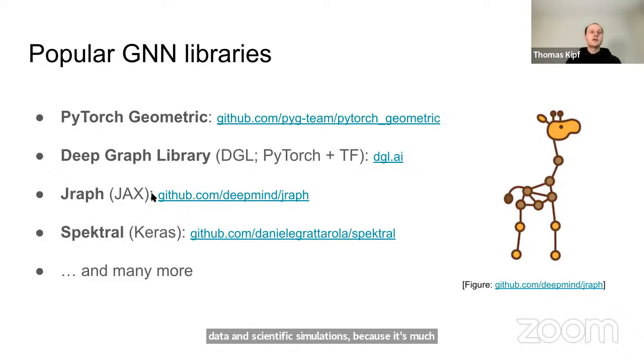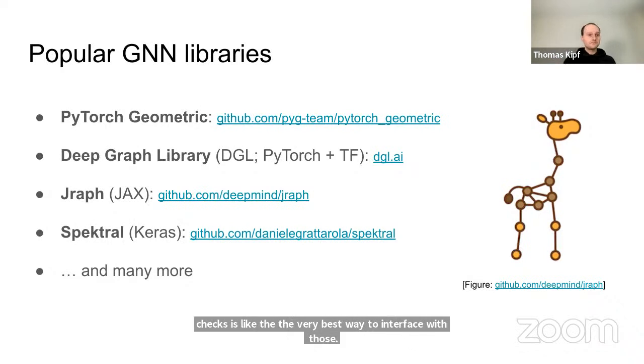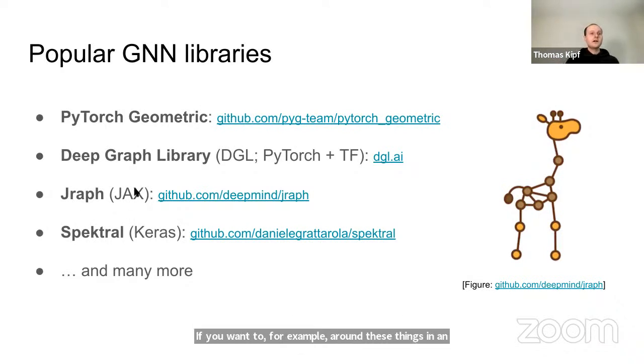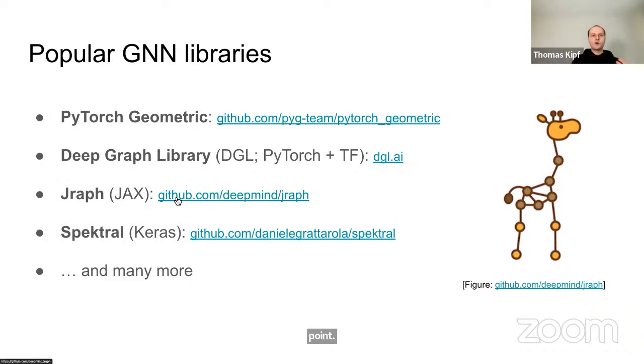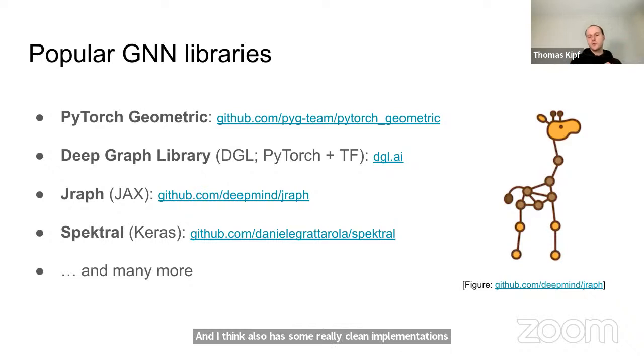But also, if you want to, for example, use TPUs, like Google's cloud TPUs, then JAX is like the very best way to interface with those if you want to, for example, run these things in an online Colab. Then Jraph is a really good starting point, and I think also has some really clean implementations of like the core representatives of attentional, convolutional, and message passing neural networks.